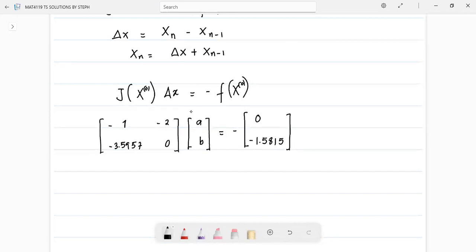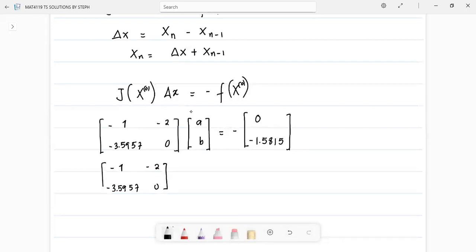As you can see now, we have a system of linear equations with two unknowns. You can use whichever method you want to solve this: substitution method, elimination method, or Gaussian elimination method. I'm going to use the Gaussian elimination method.